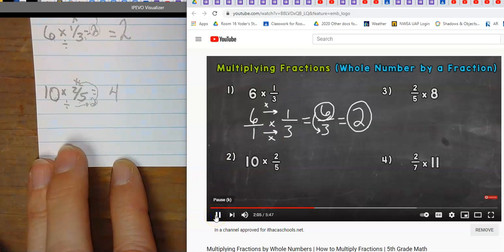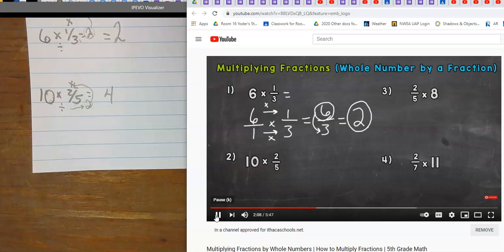Here's the other way. Now let's take a look at how the answer relates to our original problem. So we started with 6 times 1/3, and we ended up with an answer of 2. Normally, when you multiply whole numbers, your answer is going to be greater than the numbers you started with.